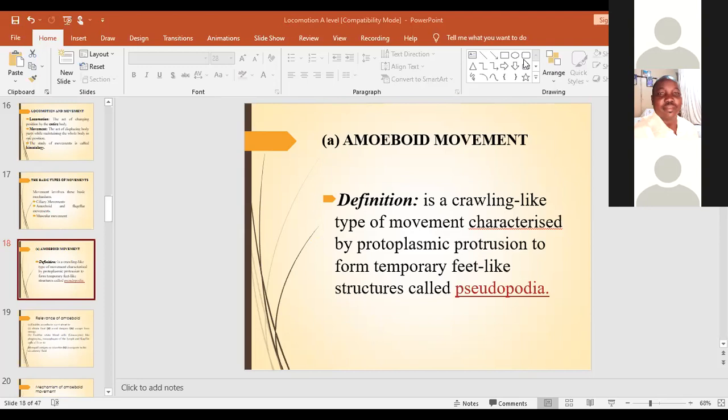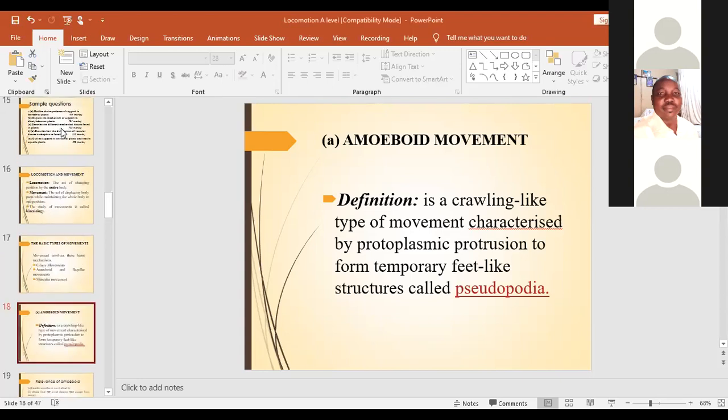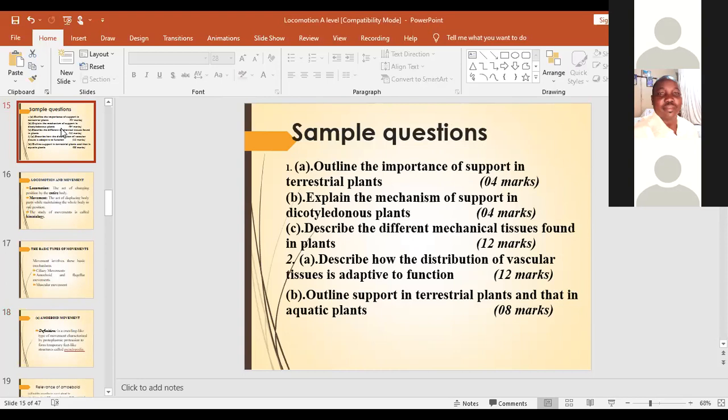Can the word outline be answered similarly as to compare when answering question 2B? What is question 2B? 2B is outline the support in terrestrial plants and aquatic plants. And so outline means that you are not going into the details of it.